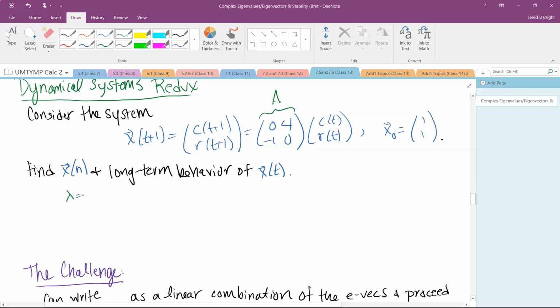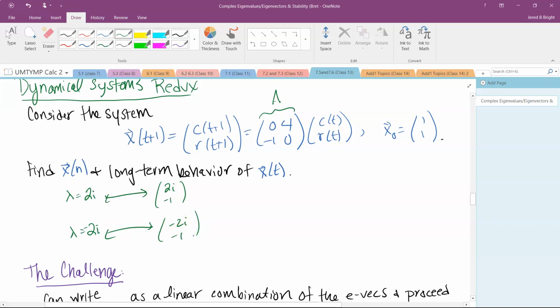So we saw that lambda was equal to 2i, and the other value was negative 2i. We found one eigenvector corresponding to 2i to be 2i and negative 1. And if we take the complex conjugate of that for the other one, it would be minus 2i and minus 1.